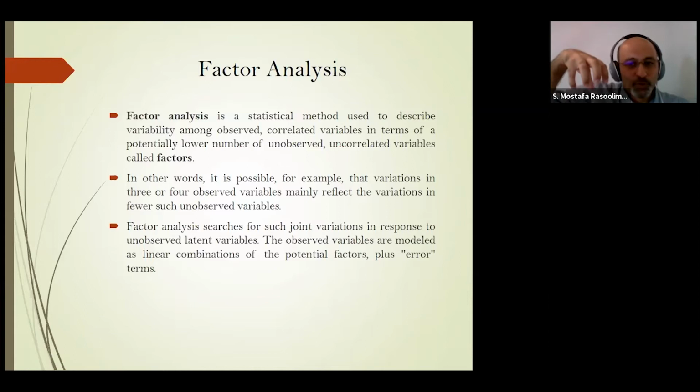We apply factor analysis for abstraction to reduce the number of variables, because we categorize 10 items, for example, under 3 factors, 3 categories, 3 new variables, right? So we abstract our framework, our model, and reduce the number of relationships, the number of hypotheses, and the complexity of our model.